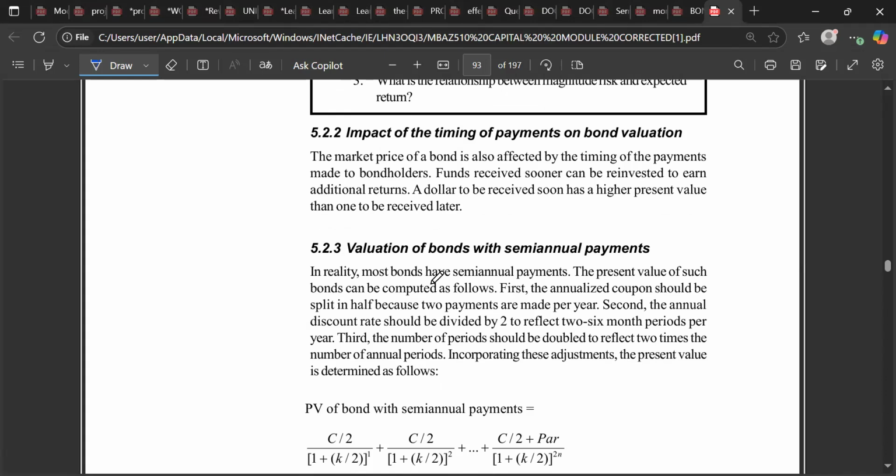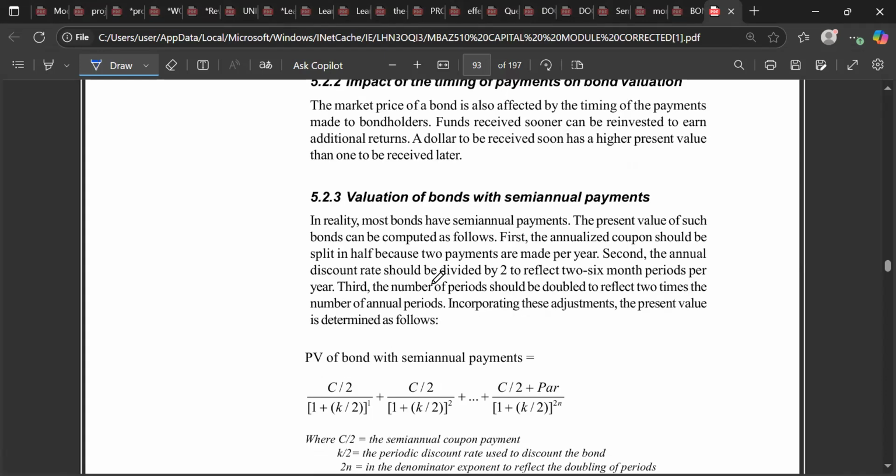In reality, most bonds have semi-annual payments. So the present value of such is shown as follows.